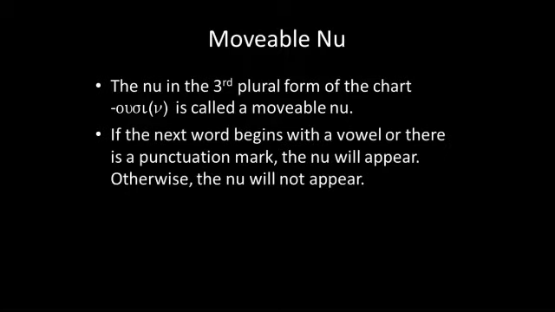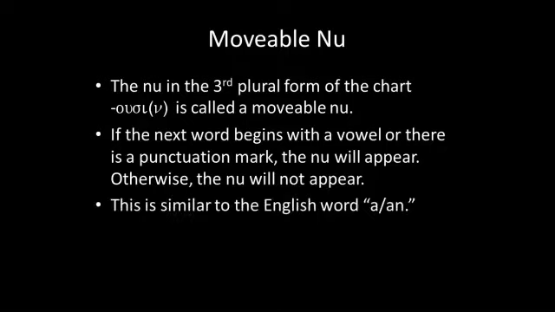It will show up or not depending upon what comes next. If the next word begins with a vowel, or if there's a punctuation mark, maybe a comma, maybe a period, maybe a question mark, then the nu is going to show up. Otherwise, the nu doesn't show up. It doesn't change the meaning. It basically just is for the sake of sound.